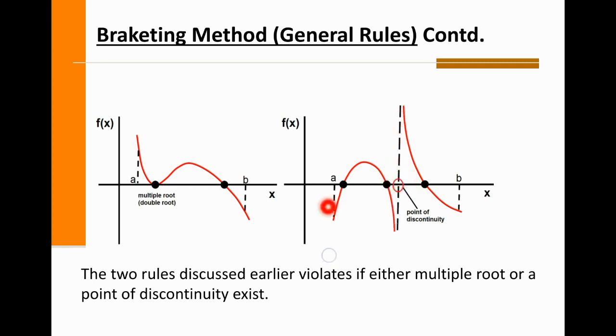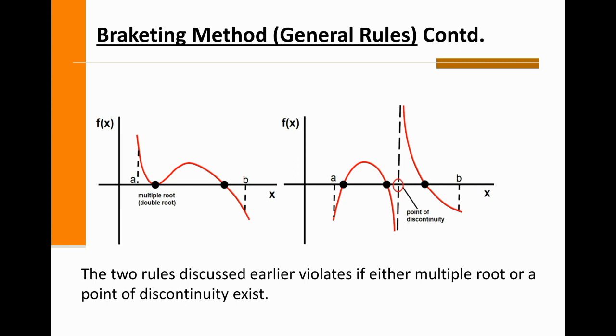At a and b both the ends are negative, sorry, meaning this is the second type of bracketing rule, that the product of f(a) and f(b) is positive. So you can see the number of roots is 3, but we have discussed that the number of roots should be even. So this violation is because the point of discontinuity occurs in between the bracket, right?